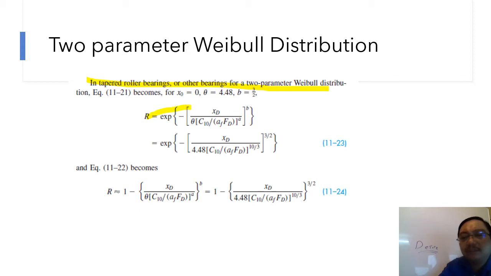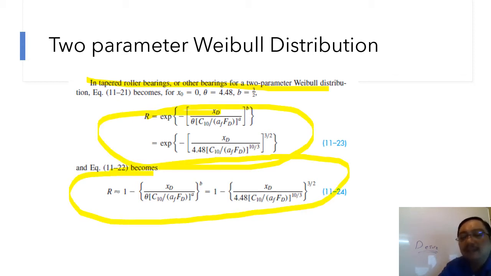And then the two parameter Weibull distribution. This is the Weibull distribution. Remember what the Weibull distribution is? Basically it is the way that we predict the life and the force of a bearing, because with bearings there are many factors, different from analyzing a shaft, beam, spring and everything.